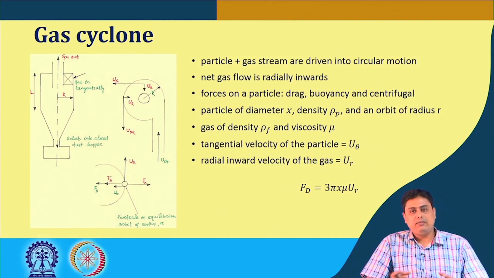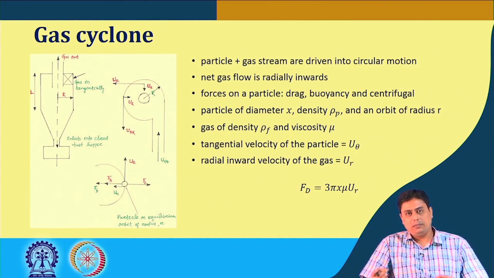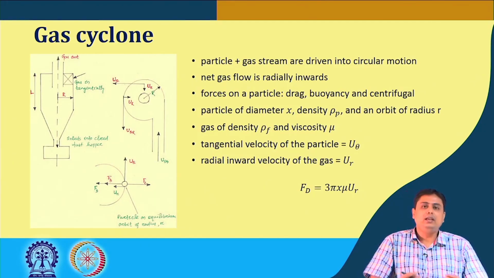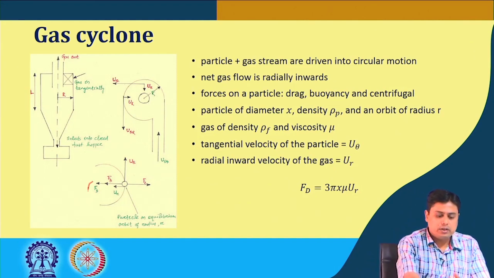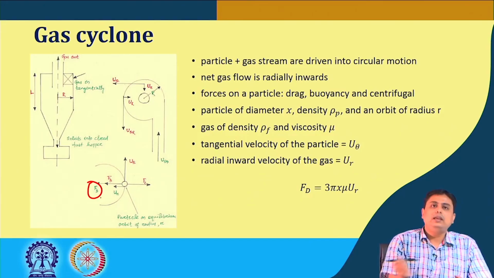So the relative velocity based on the particle is outward, because it has to be captured. So that velocity is higher, and the drag force is inwards, because it is opposite to the direction of relative velocity. So, the drag force Fd is inward.